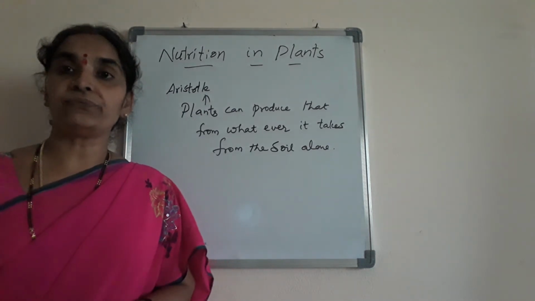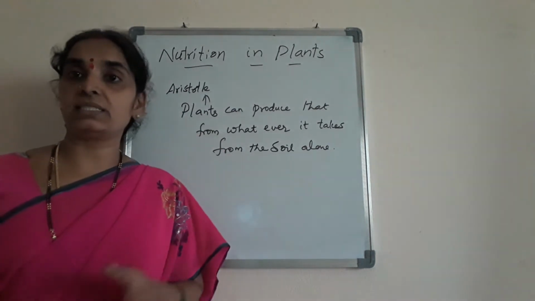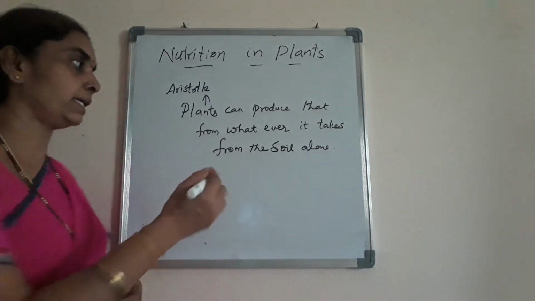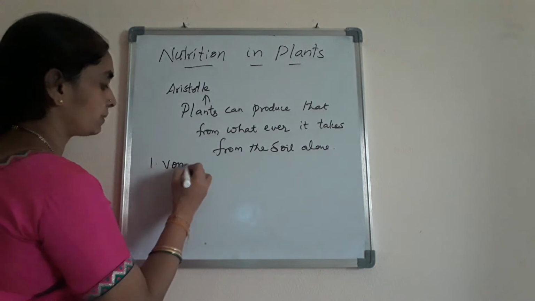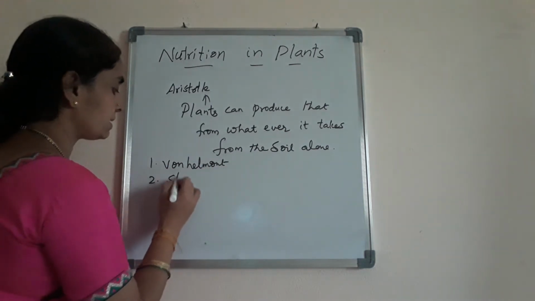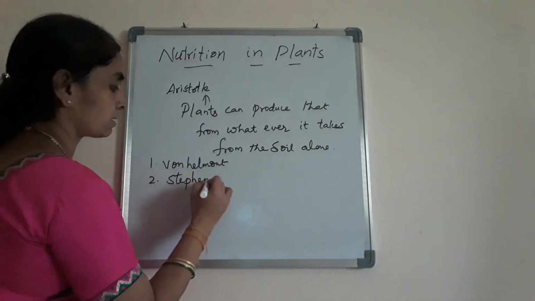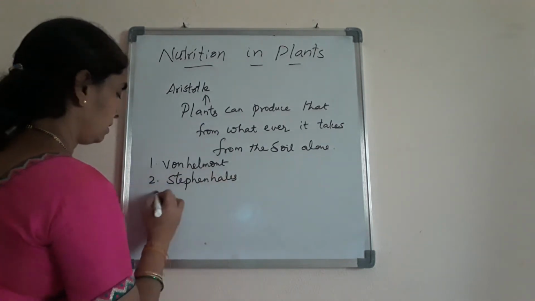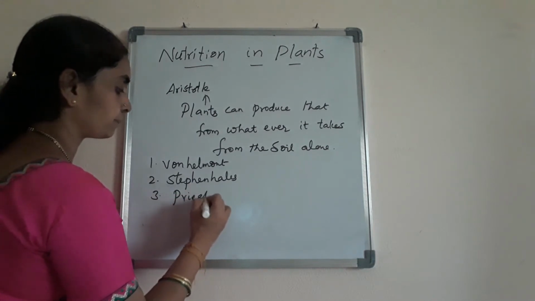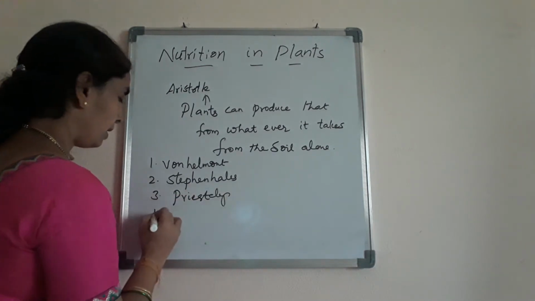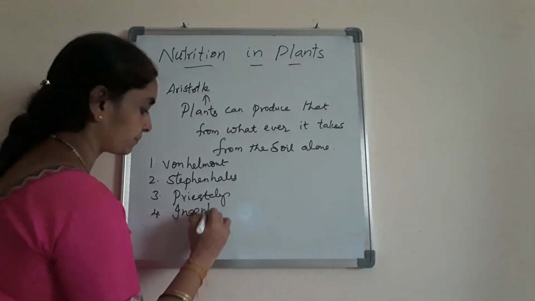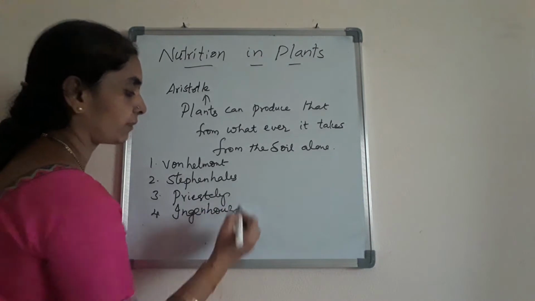But after a few years, the statement was said to be wrong by several scientists, through the work of scientists like van Helmont, Stephen Hales, Joseph Priestley, and the fourth one, Ingenhousz.